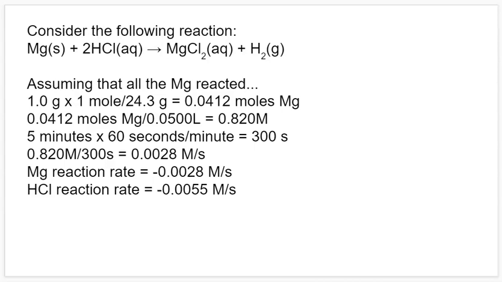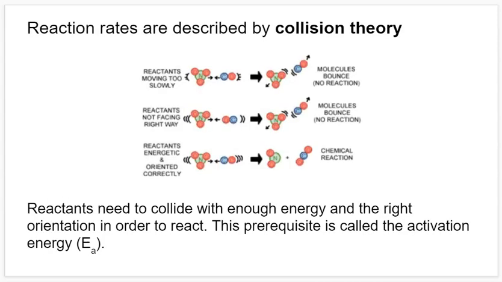So in order to get into more depth about how different rates of different chemical reactions can occur, we want to talk about something called collision theory, which is something that describes the basis of how a chemical reaction can happen in the first place. So if you see in this particle diagram here, we have our reactants, and they are moving too slowly, and they collide into each other, and they bounce off of each other, and nothing happens.